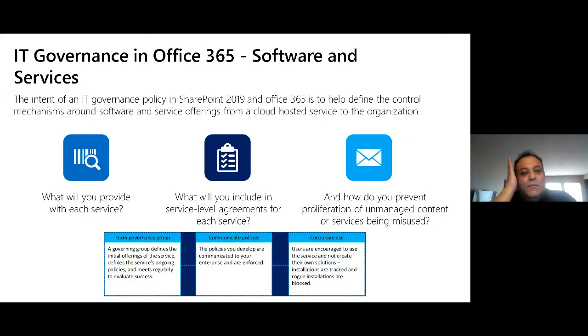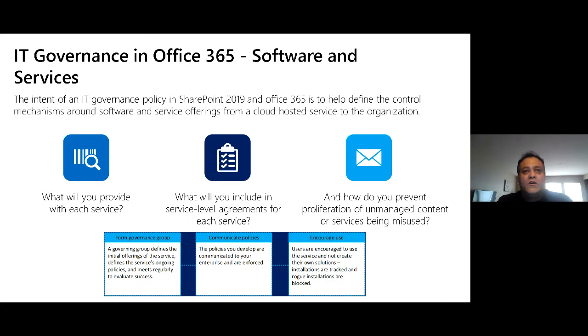Let's talk a little about, we talked about what it is. Now we need to talk about why, what is the intent of putting this policy together. One, it will very clearly articulate within an organization and within your professional environment what each of these service loads is going to provide.